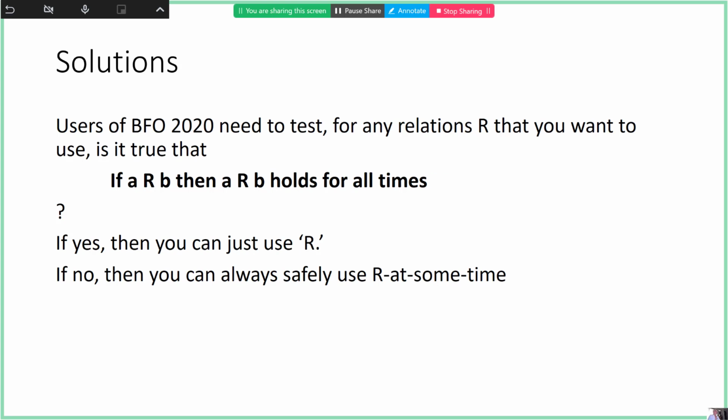All right, and now, what are the real practical solutions? I'm assuming that BFO 2020 has to be accepted by IOF. Otherwise, IOF will break every time people start replacing parts in machines. So we have to adopt BFO 2020.